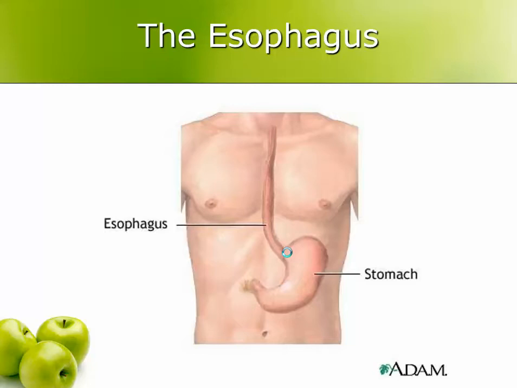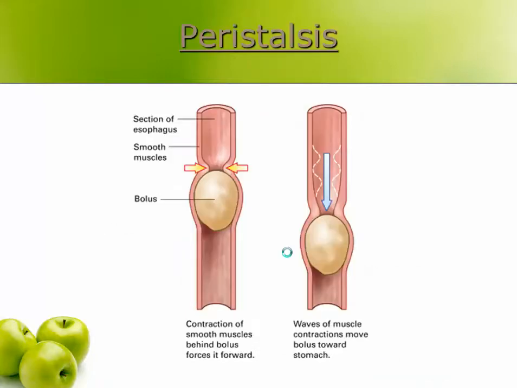Now, after your mouth comes the esophagus, and the esophagus's main purpose is to transfer the food from your mouth to your stomach. And it's able to do this with a process called peristalsis. What peristalsis is, is contraction of the muscles in your esophagus that help to move the food down your throat. That's the reason why you could actually swallow.